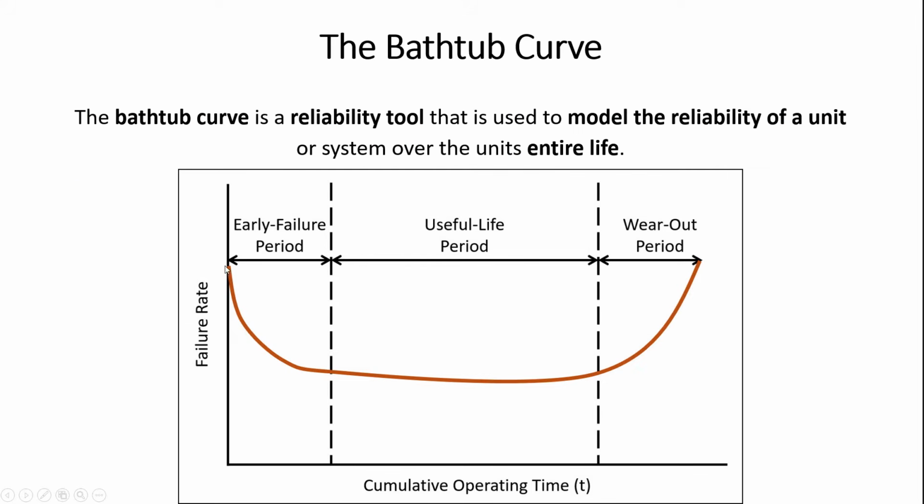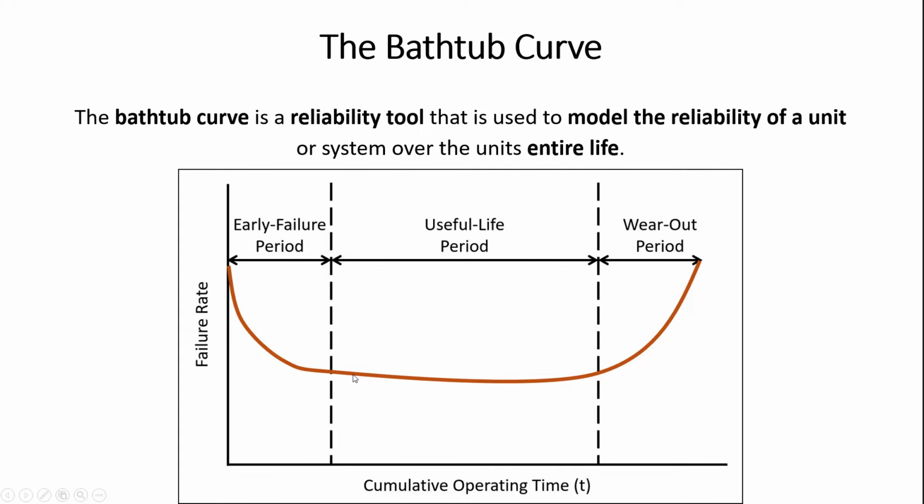The general concept is that when we launch a new piece of equipment, either production equipment or even a product, when we first produce a product, there can be an early failure period, an early life period where our failure rate is high, but then as time progresses, we work out some of those kinks. Maybe it's manufacturing issues, assembly problems, defective parts or assembly steps that weren't performed correctly. Oftentimes when we first launch a new device or a new automobile, we have this early failure period that we have to work through.